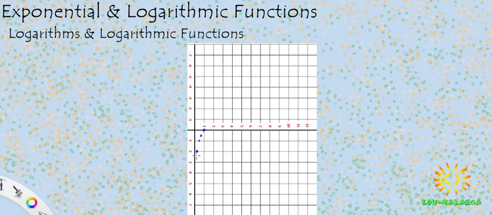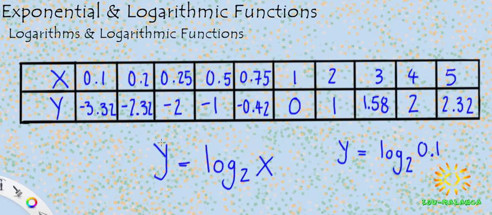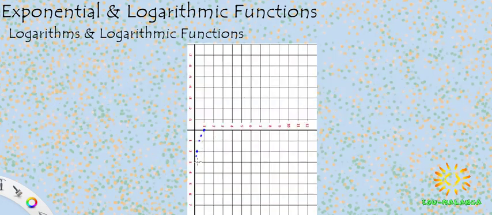So somewhere over there, getting smaller. And the last value would be 0.1 going to minus 3.32. So x is 0.1, even smaller, and minus 3.32, so somewhere over there. And that's this side of the graph.